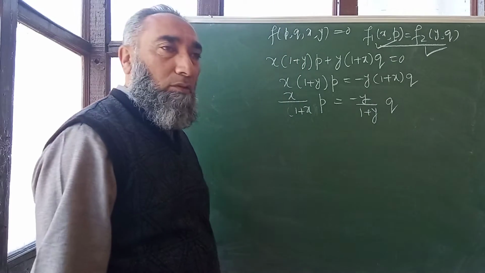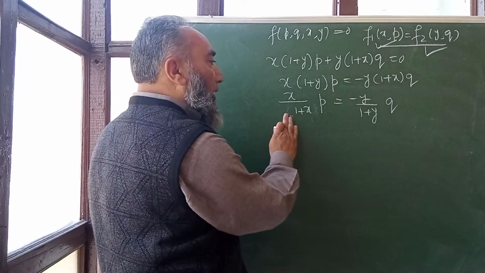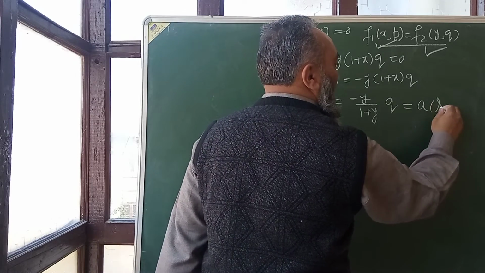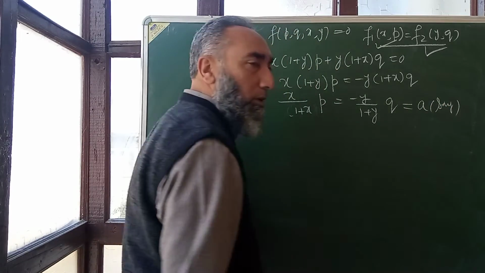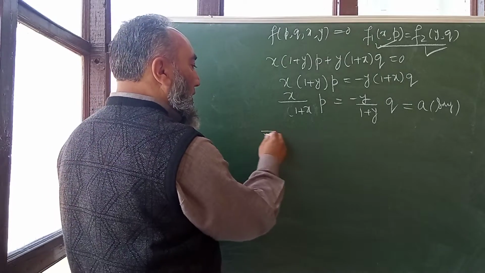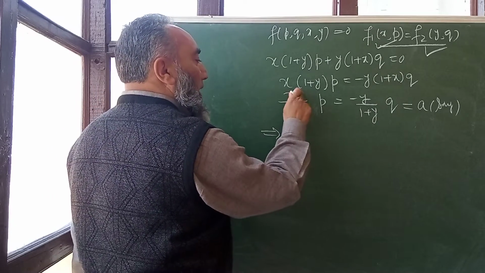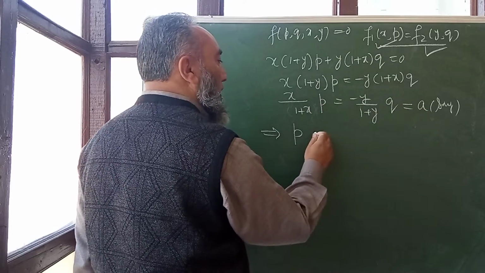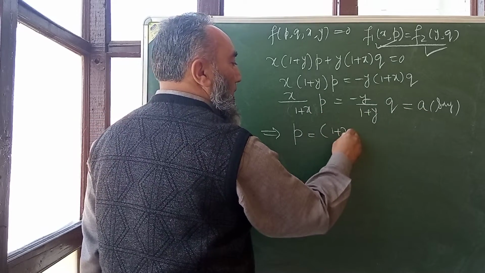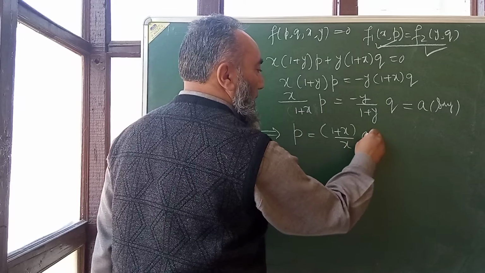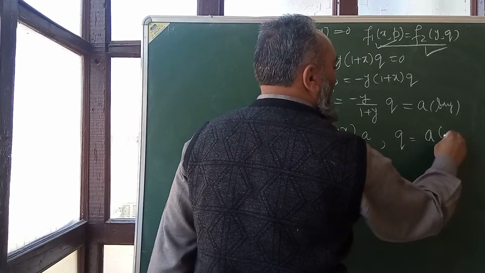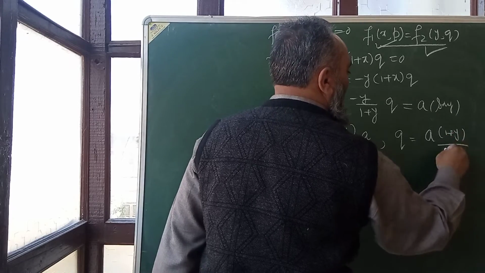Now how to solve this equation? Now you have f1(x, p) equal to f2(y, q). Let us suppose that they are equal to a, an arbitrary constant. This means x upon 1 plus x into p is a, so p is equal to a times (1 + x) by x. Similarly, q is a times (1 + y) by minus y.